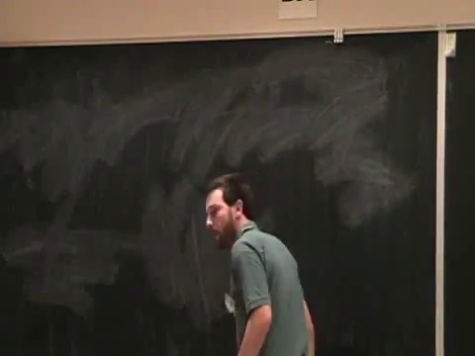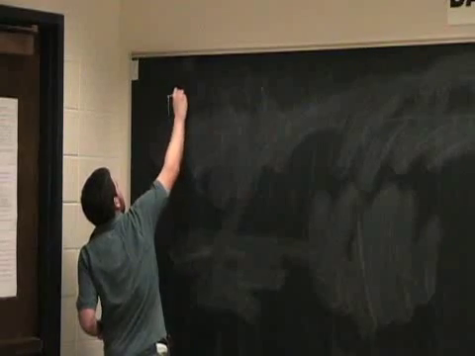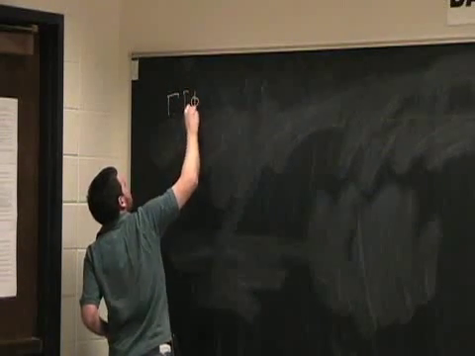So, in order to go from one to the other, we use a standard thermodynamics strategy. The idea is to use a Legendre transform to go from W to Gamma of phi.